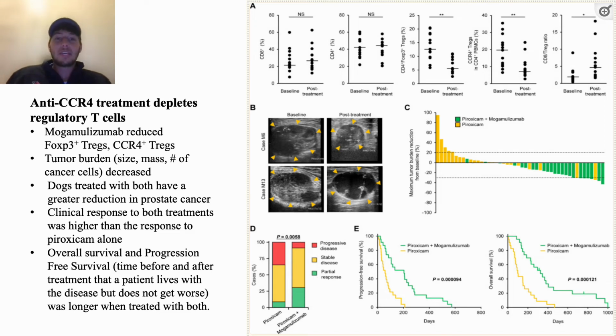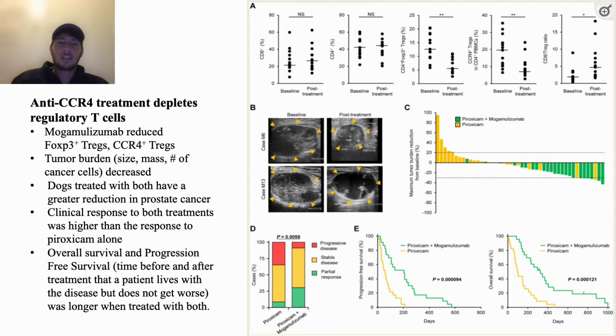This is just showing that in A, mogamulizumab, that anti-CCR4 treatment or anti-cancer chemotherapy drug, reduced the amount of regulatory T cells, the FOXP3+ and also the CCR4 regulatory T cells, which is exactly what they hypothesized, that using that anti-CCR4 treatment will deplete regulatory T cells.